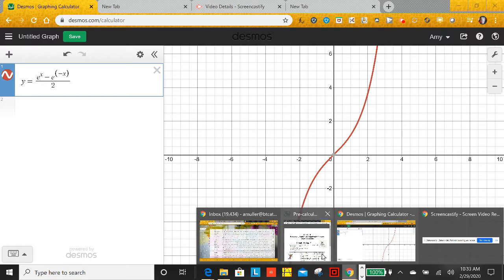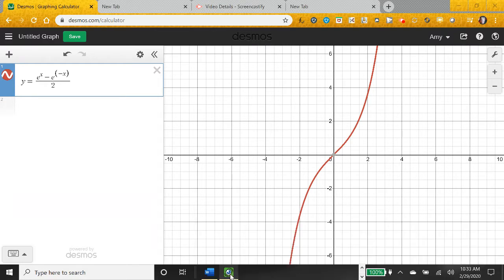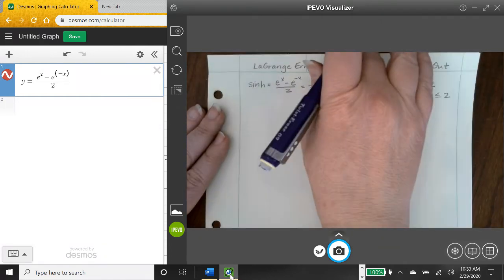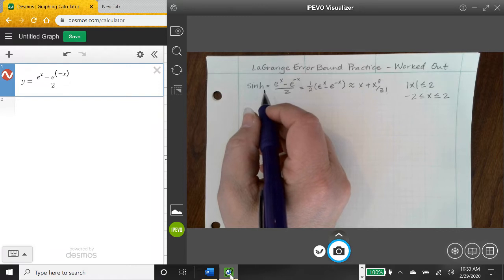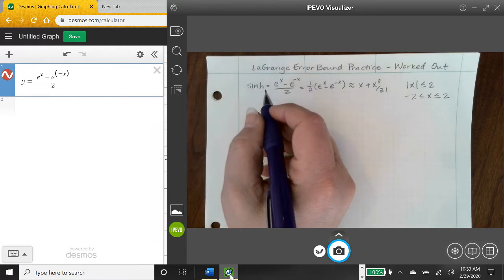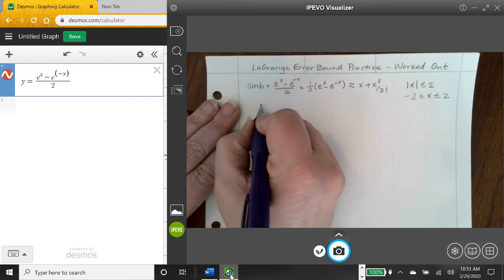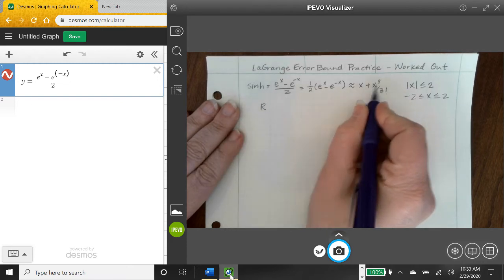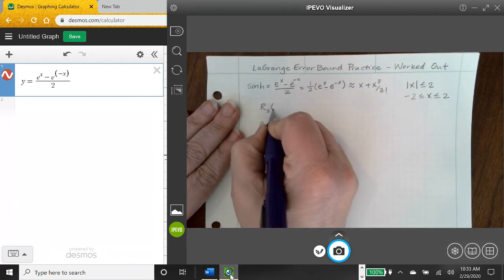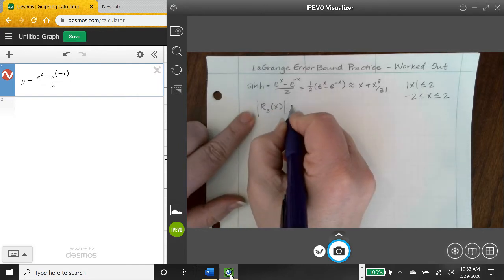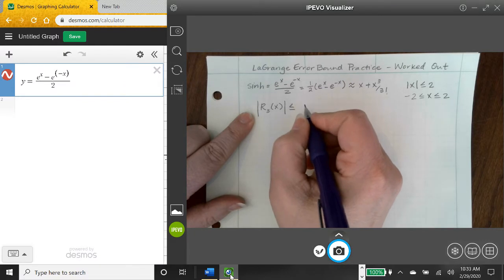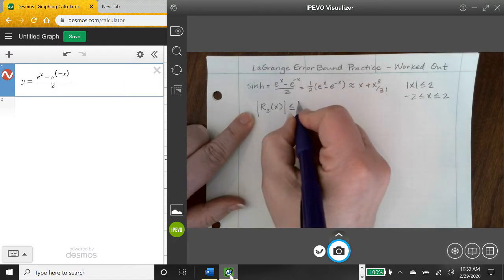All right. Well, Lagrange says if we are going to approximate, get my camera back on here, that the remainder, or the error, for this is third degree, so I'm going to put a 3 here, of x, the absolute value of it, the magnitude of the error is going to be less than or equal to the next derivative.